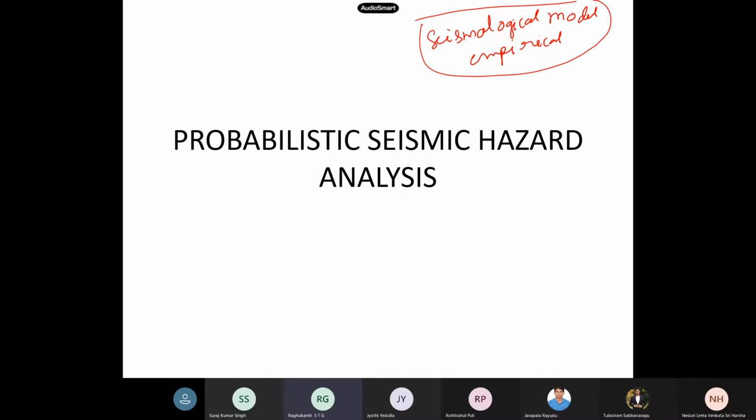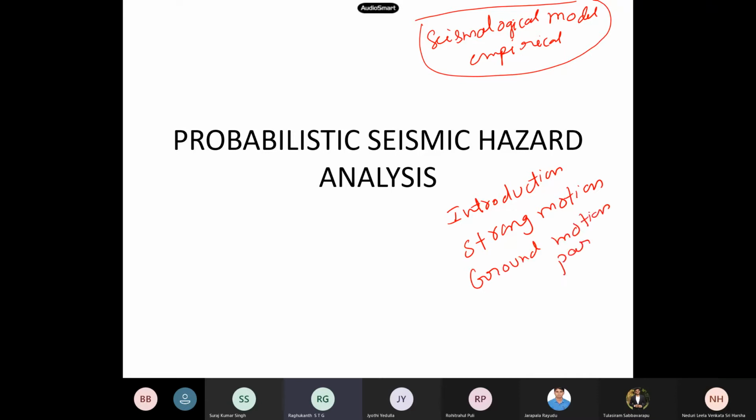So with this, we will go to the next topic. If you see, the first unit was on introduction to earthquakes. Then we started discussing strong motion data, which I have shown you. Then we also showed the ground motion parameters, the interesting parameters we have discussed.